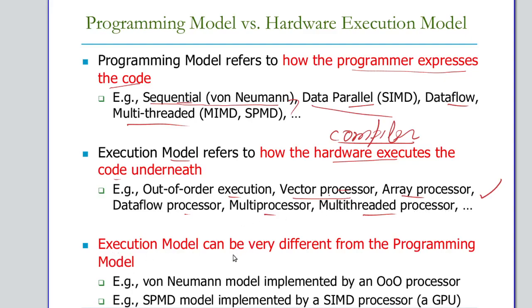So the execution model can vary very differently from the programming model in certain cases. Suppose you have a von Neumann model implemented over an out-of-order processor, or a SIMD model implemented by a SIMD processor like a GPU. Then there is the SPMD model. What SPMD is, you will see soon.